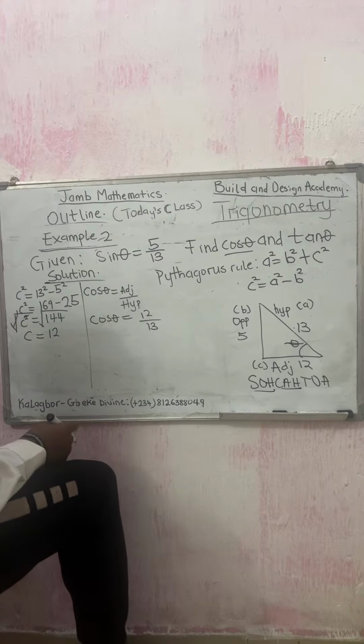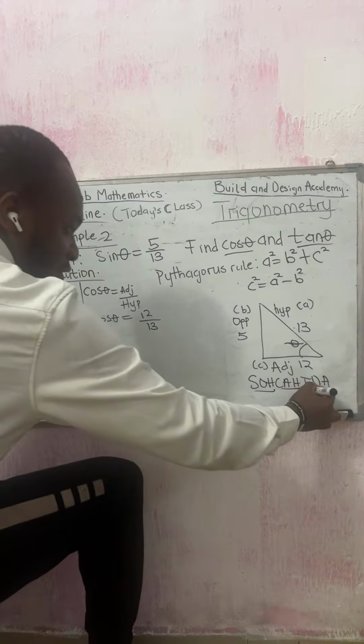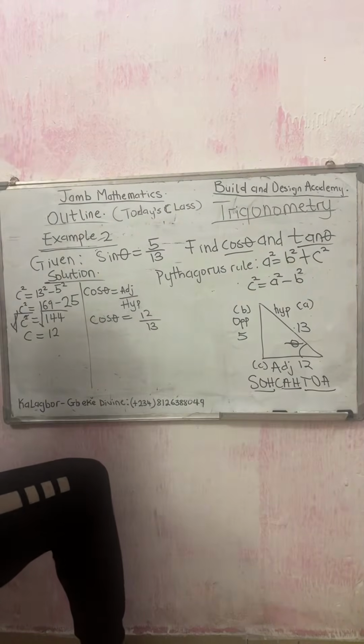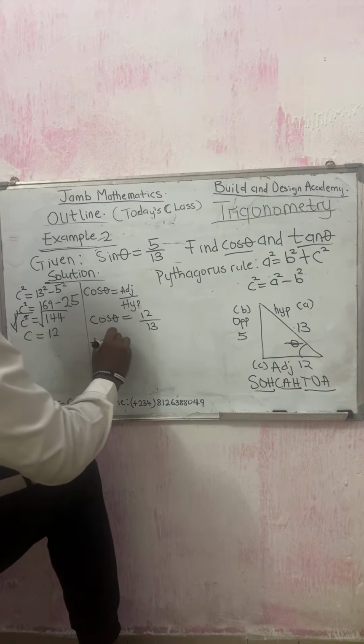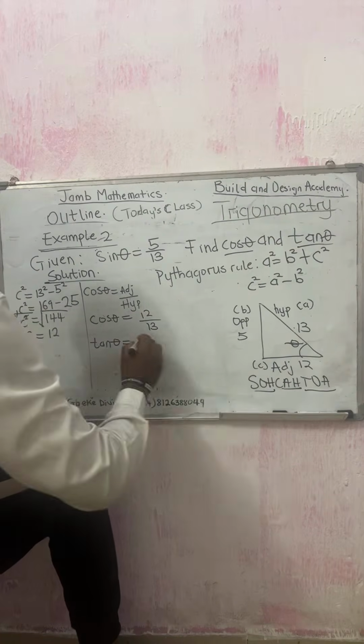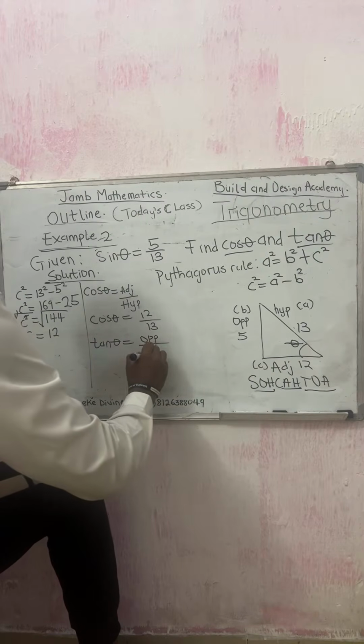So this is our value for what? Cos theta. Next one, they say we should look for what? Tan theta. And we know that tan theta from SOHCAHTOA is what? Opposite over adjacent. So we'll have that tan theta is equal to opposite over adjacent.